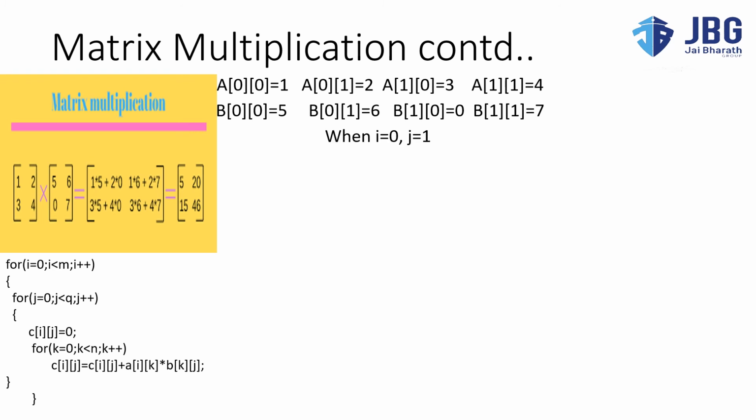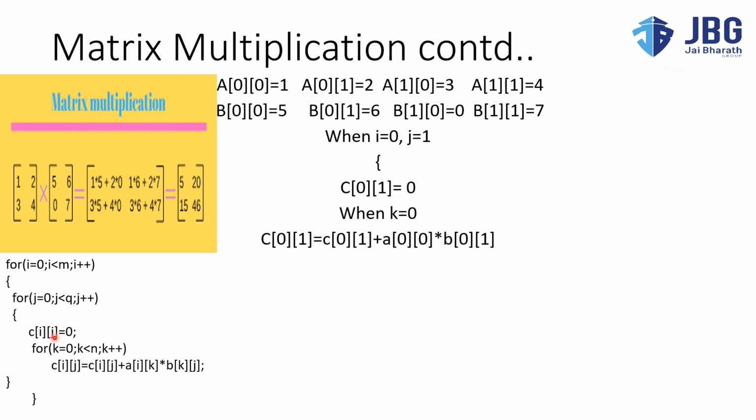First statement is c of ij equal to 0, that is c of 0 1 equal to 0. Then we have to execute the loop for k. First k equal to 0, then c of 0 1 equals c of 0 1 plus a of 0 0 into b of 0 1. Substituting the values, we get 0 plus 1 into 6, that is equal to 6.